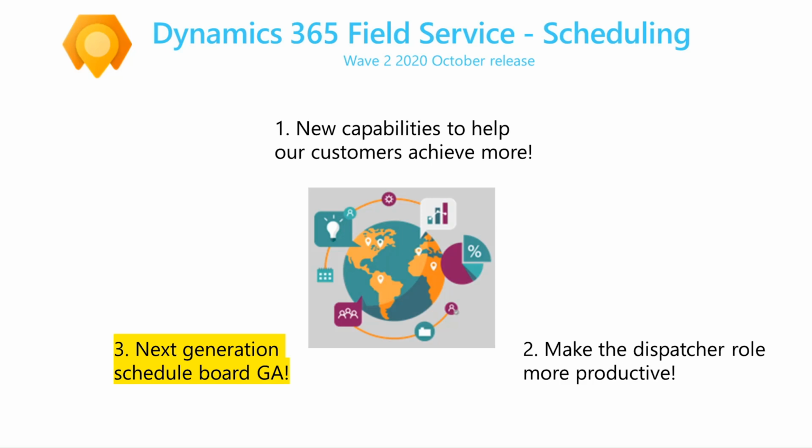And the board we have been revamping for performance, scalability, user experience, and also some of these new experiences as the next-gen experience. And we are happy to announce that it's going to go to GA in October. We previewed in April, lots of customers using it and giving feedback, and now we are taking it to GA, and we will continue to work on the new board in the next upcoming waves as well.